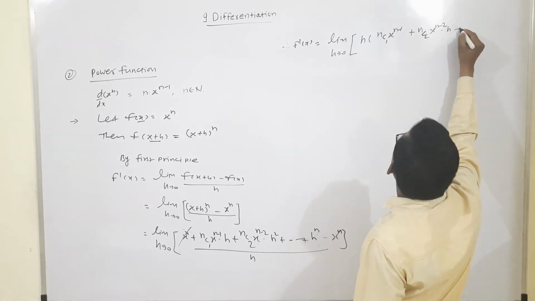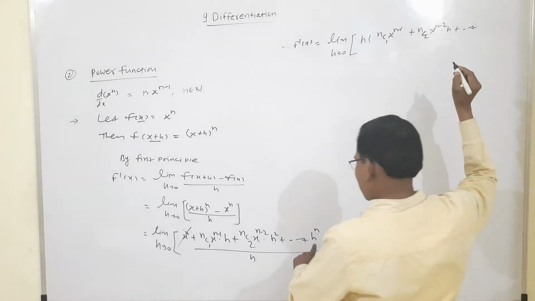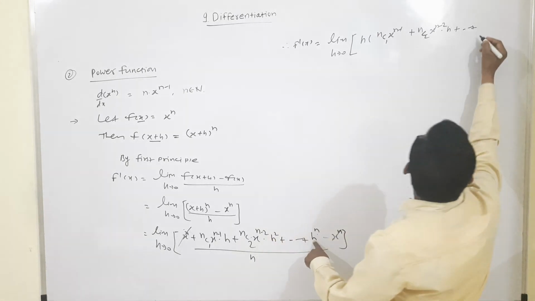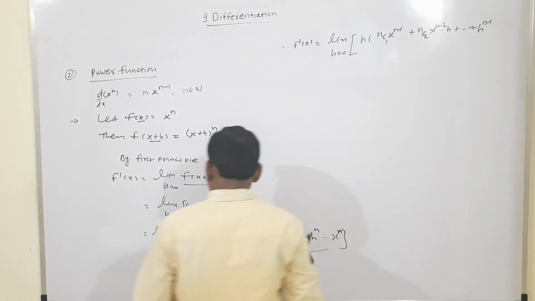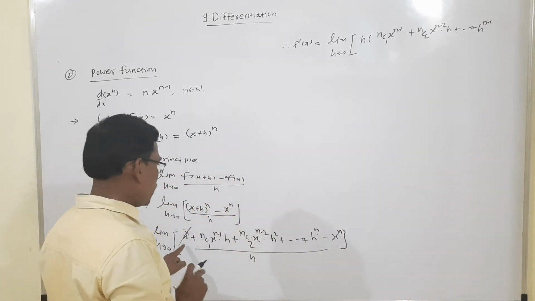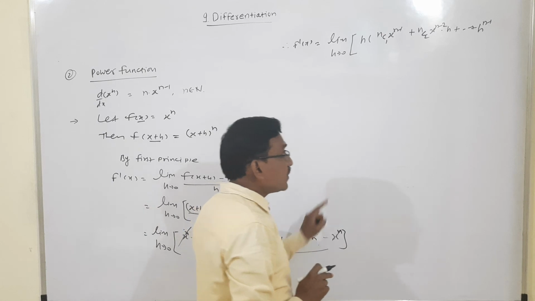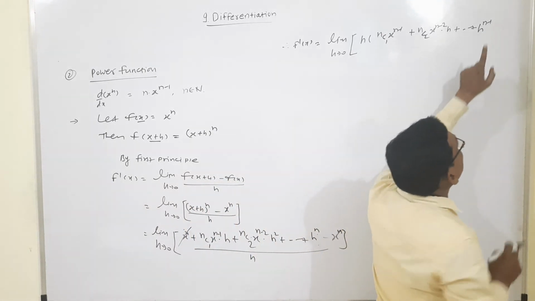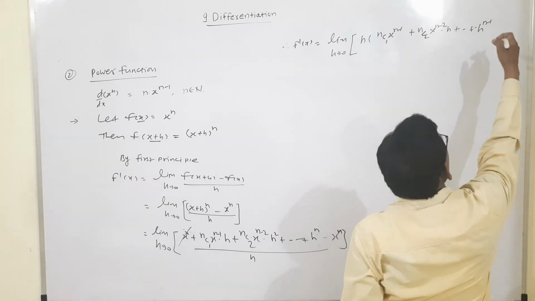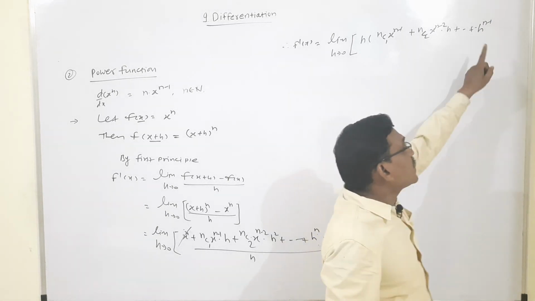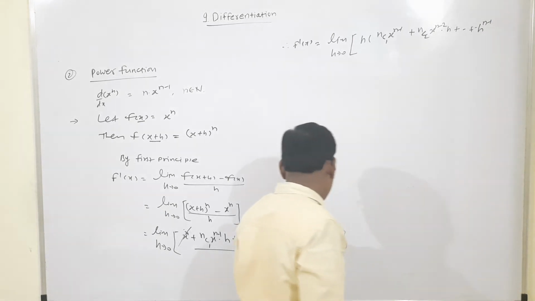Plus so on to plus h raised to n minus 1, because we take h common from h raised to n. When we take h common from the first term, its power is 1, so plus 1 minus 1 is cancelled. It remains h raised to n minus 1.